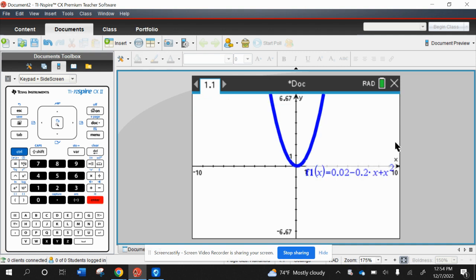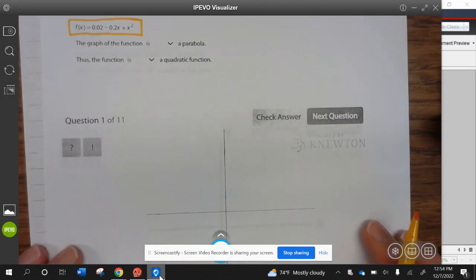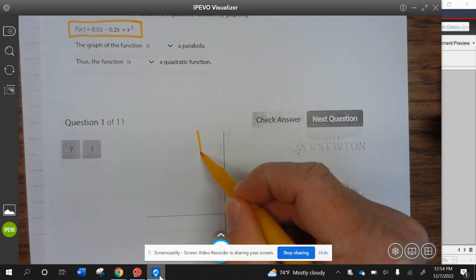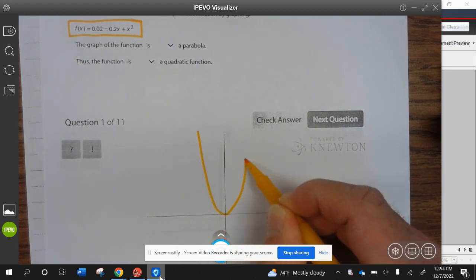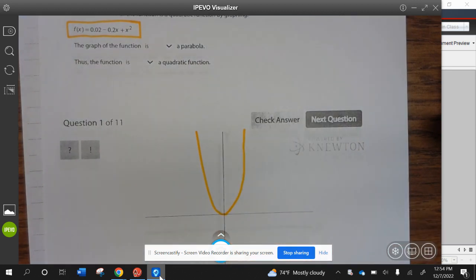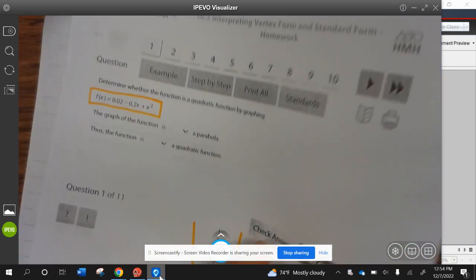You can see it's in the shape of a parabola. Since it's in the shape of a parabola, we can say the graph of the function is a parabola, thus the function is a quadratic function. All right, let's take a look at the next example.